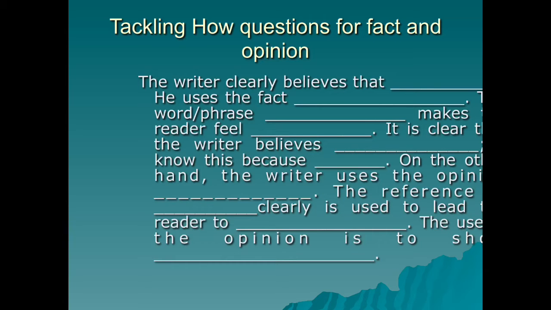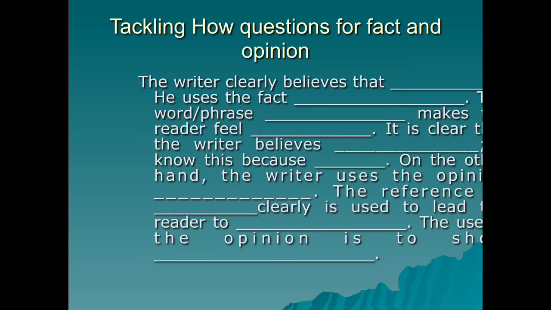Then you need to choose a fact. So as I said before, we're looking at the fact and opinion. That's our technique in the Peter. So he uses the fact, and you would find an example of a fact and put it on the line there. Then the word or phrase.